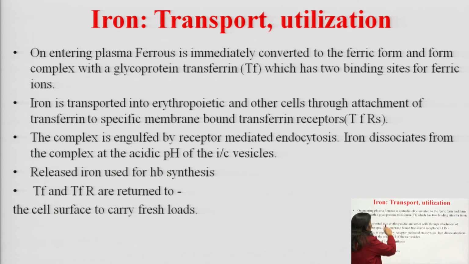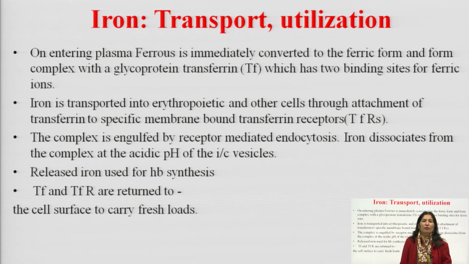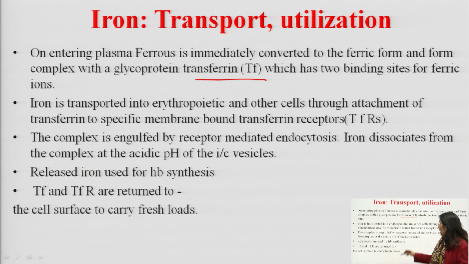On entering plasma, ferrous is immediately converted to the ferric form and forms a complex with the glycoprotein transferrin, which has two binding sites for ferric ions. Iron is transported into erythropoietic and other cells through the attachment of transferrin to specific membrane-bound transferrin receptors.